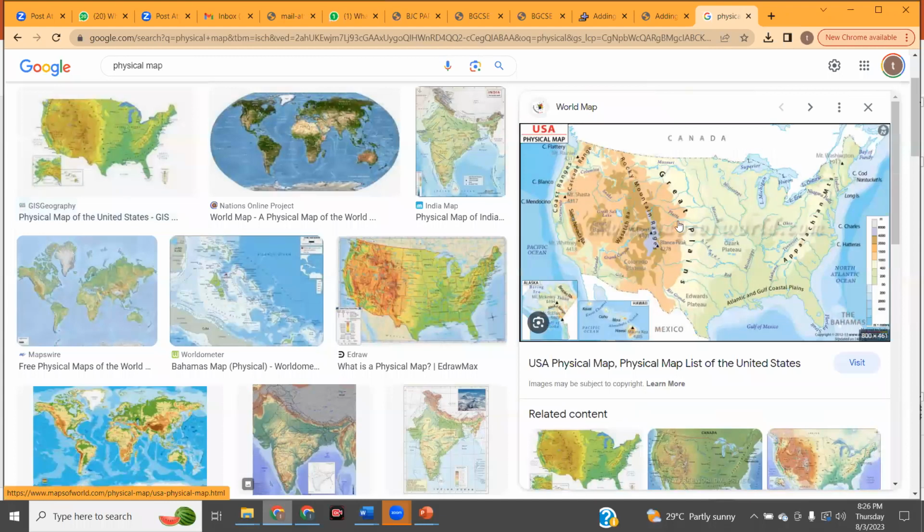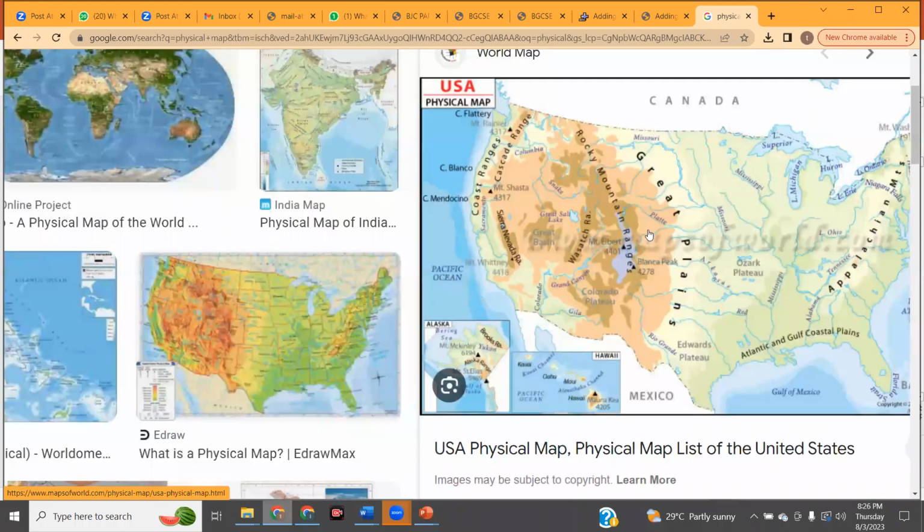Okay, so as you can see, if you look at the physical map, what do we see? We see the Great Basin, we see the Grand Canyon, right? We see natural things, we see the rivers being shown, right? We see the Atlantic and Gulf coastal plains. So this is showing the natural territory, like what occurs in a natural environment.